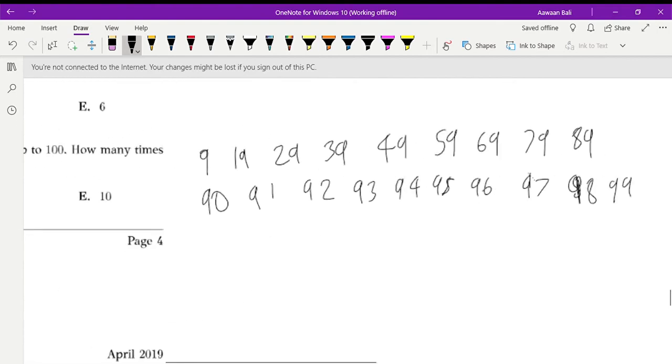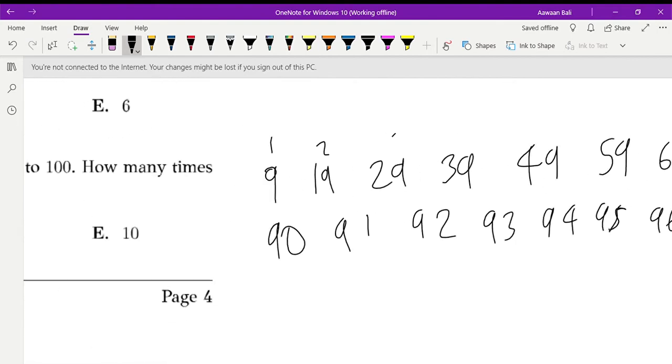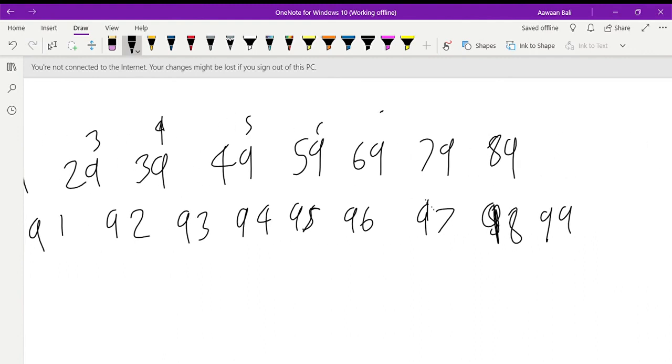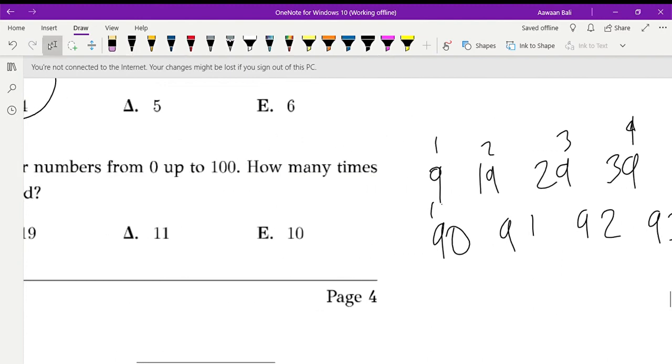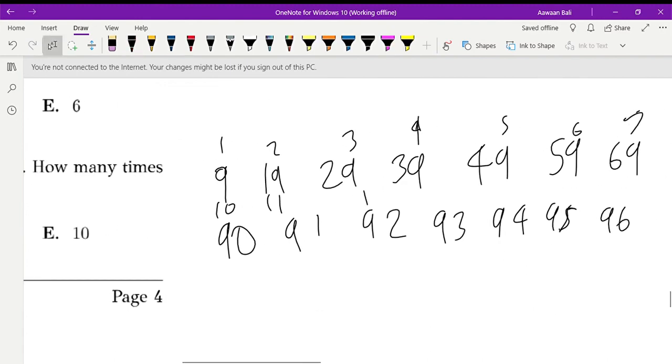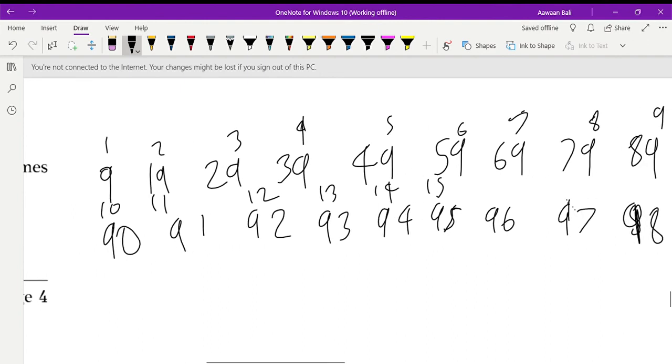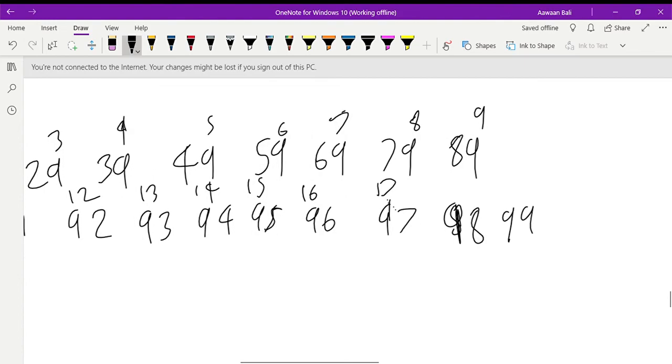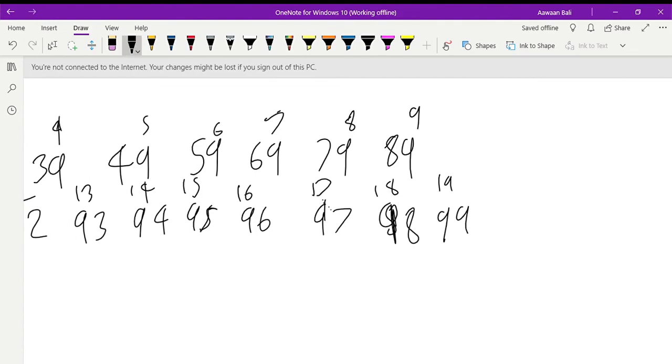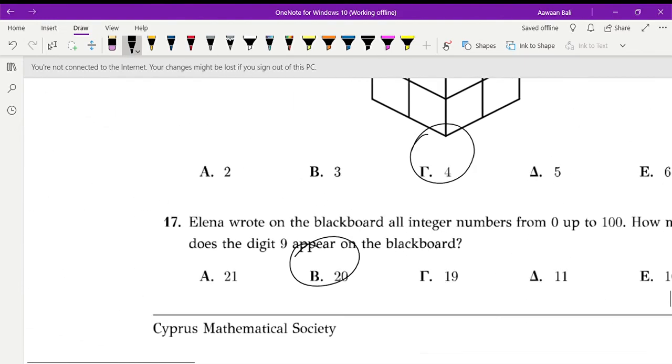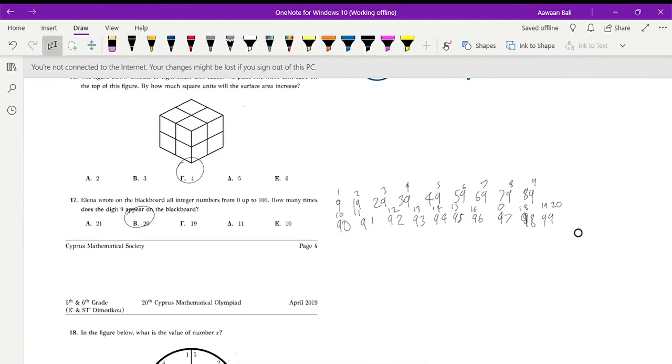Now we could count them. 1, 2, 3, 4, 5, 6, 7, 8, 9, 10, 11, 12, 13, 14, 15, 16, 17, 18, 19, and 20, which means there would be 20, and therefore Vita is the answer.